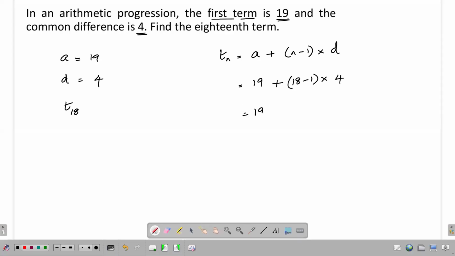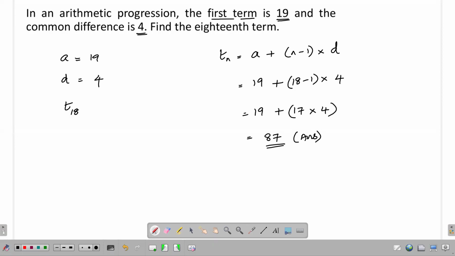So that will be 19 plus 17 times 4. Upon calculation, this value comes to 87. So for our first question, 87 is our answer.